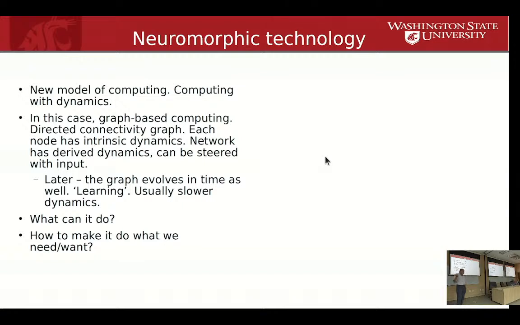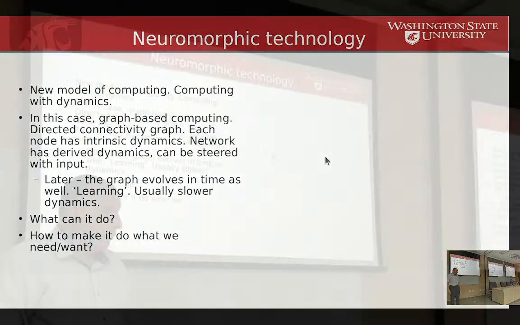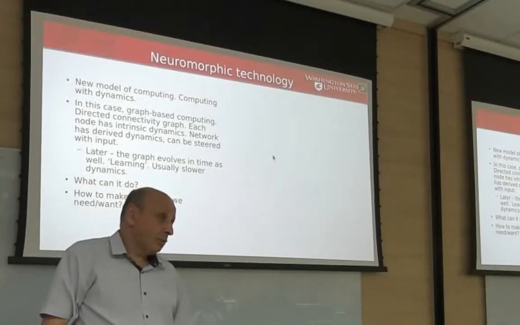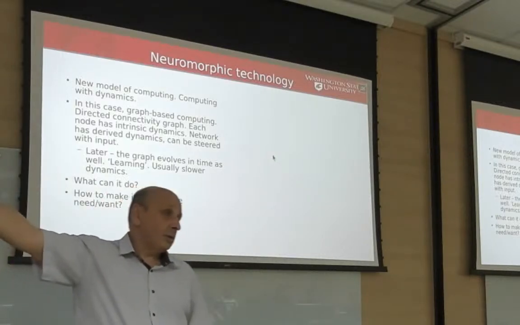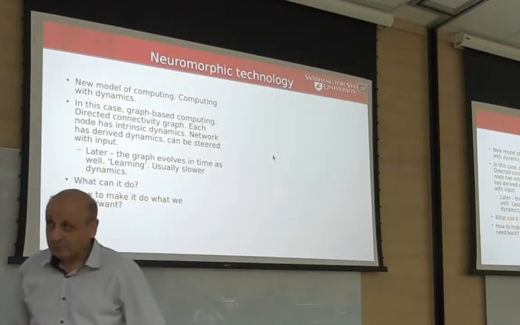What can be computed with things like that, and how do we compute it most efficiently? Eventually, we also have this graph evolving. That's usually called learning, but it's yet another dynamical system that's evolving on a typically slower time scale.